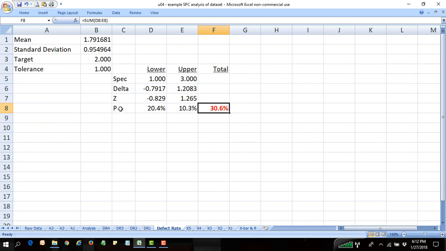Okay, so we can do our probability. We have to do each one separately. I'm using an Excel function here to look up the probability of the standard normal distribution at negative 0.829 standard deviations. The NORM.S.DIST function gives me the area under the curve. It integrates the normal distribution from negative infinity up to the z value that I give it.